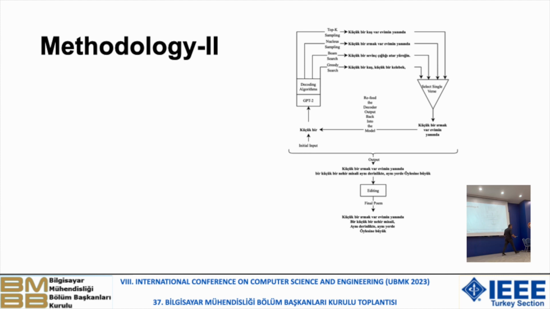What is the bottom? Greedy search. As a result, you end up with 4 different texts. After that, you feed them all to the selection. You select the one that you think is the most successful, and after that, you refeed it to GPT-2. After you refeed it, it just continues to generate whatever you want.